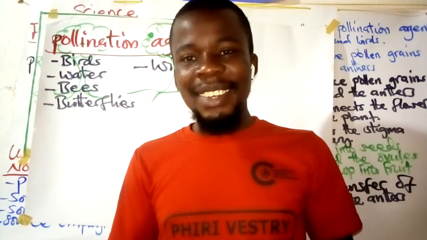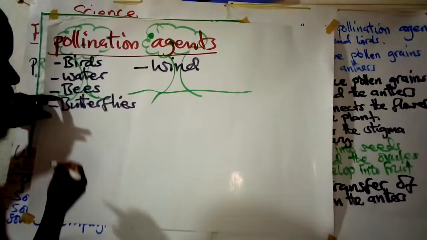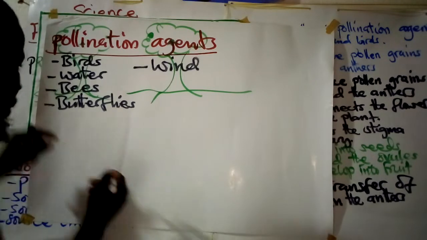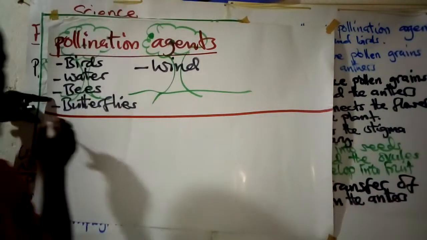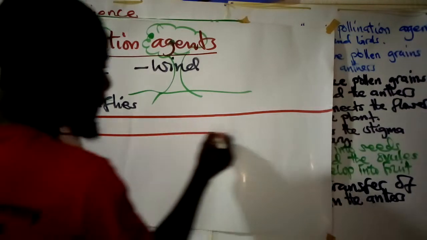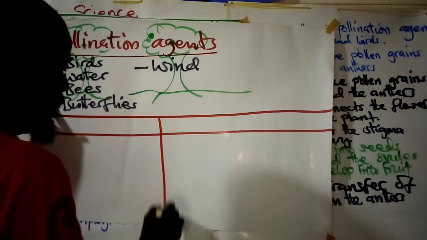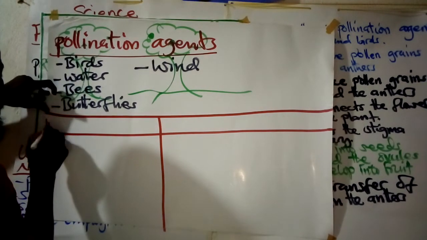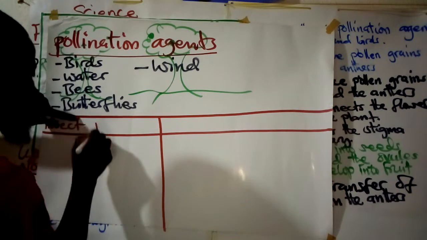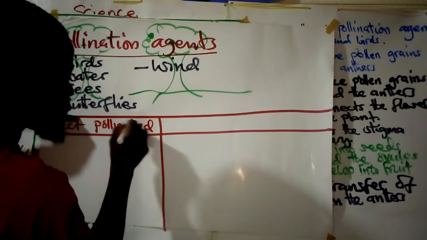You know them? Okay, let's do them together. Anyway, I have to draw a table like this here. So here we have insect pollinated flowers.